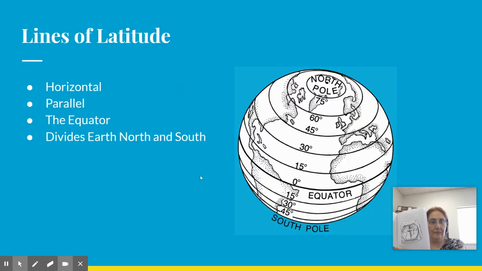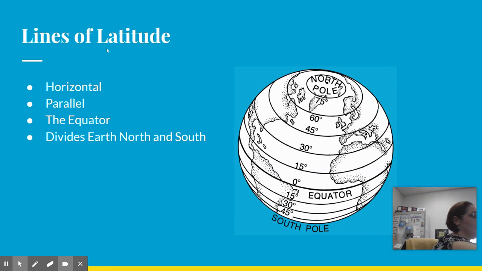Your first slide says lines of latitude. So in my notebook, I am going to find my pen first, and I am going to write lines of latitude.